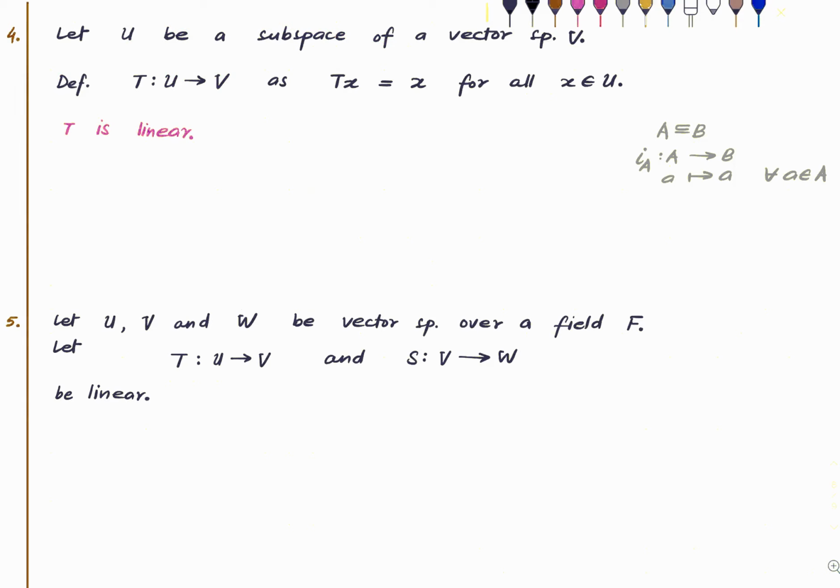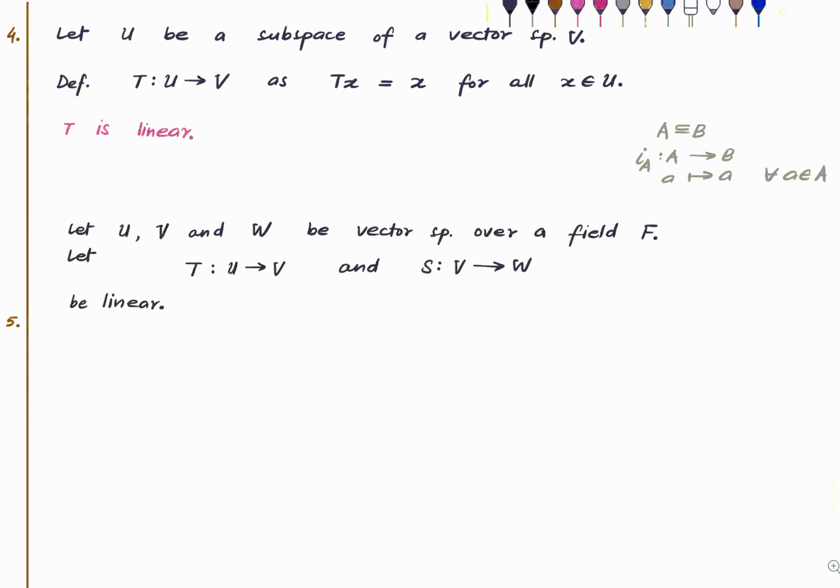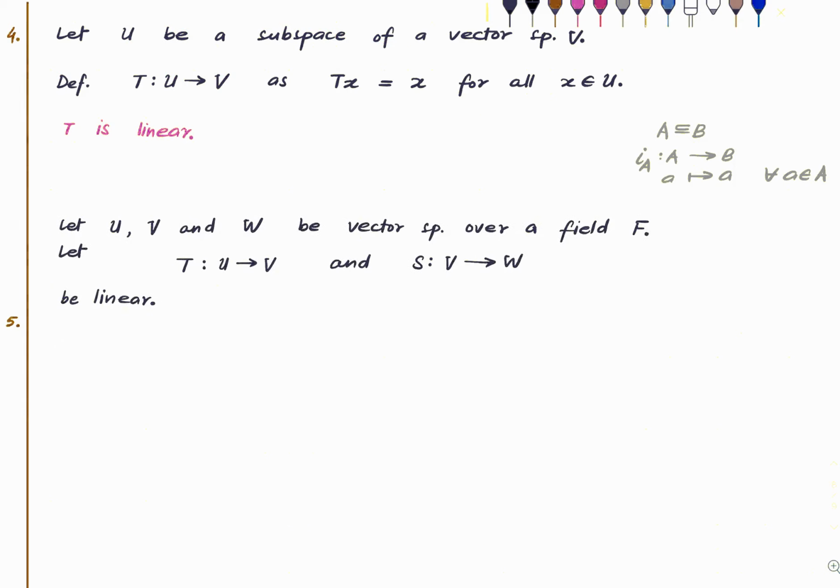Okay, the second one is also very important. I mean, it's the fifth one in our chronology. So this time we have three vector spaces, U, V, and W, over some common base field F. And we have two linear maps, one from U to V, the other from V to W. So then we can compose them, as I have discussed in Kickstart on functions. You can look at that playlist.